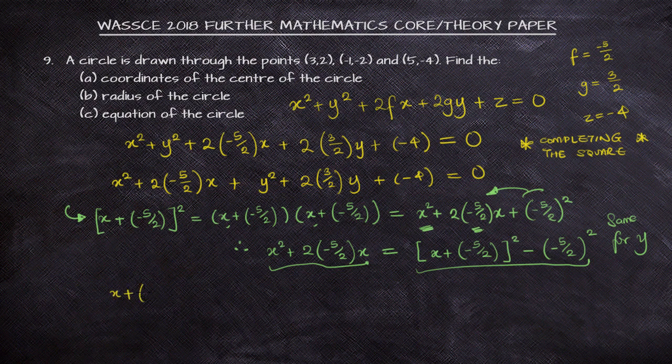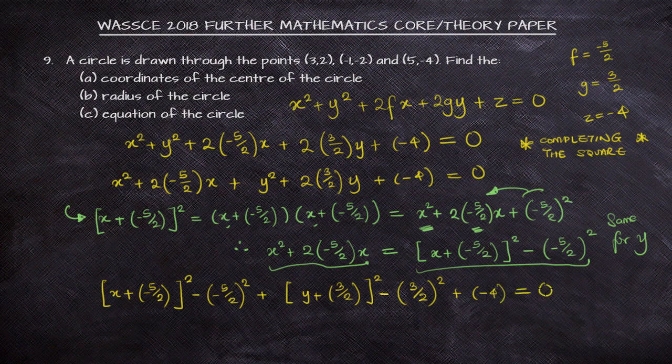what we have is x plus minus 5 over 2, everything all square, minus 5 over 2 squared. The same thing for y will give us y plus 3 over 2 all squared minus 3 over 2 squared plus minus 4.